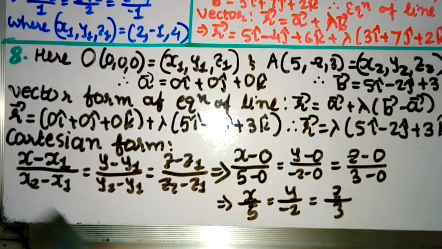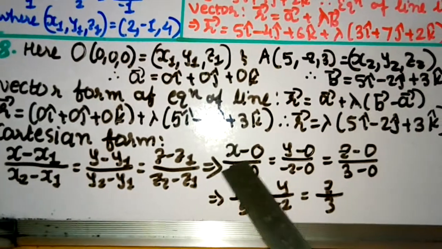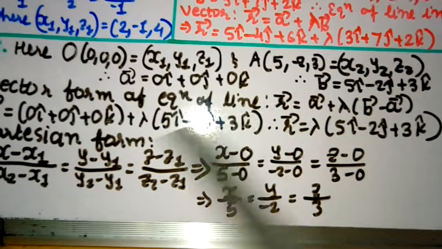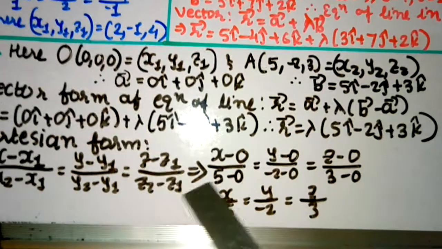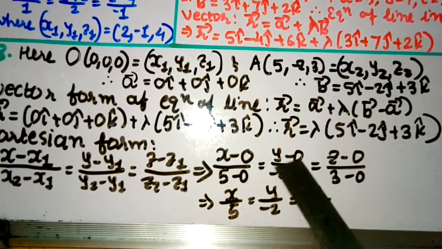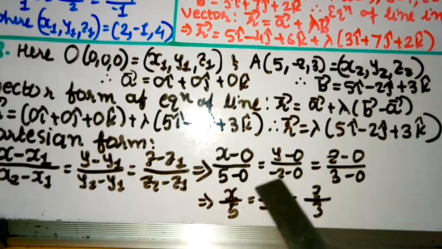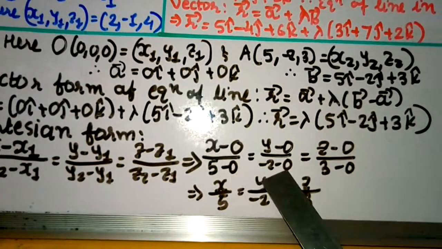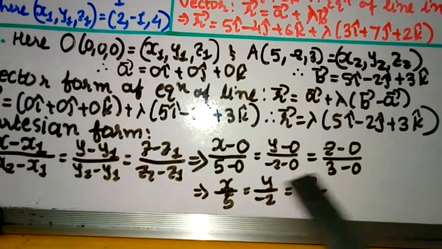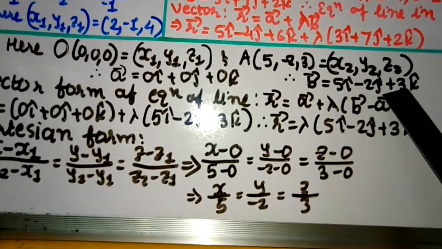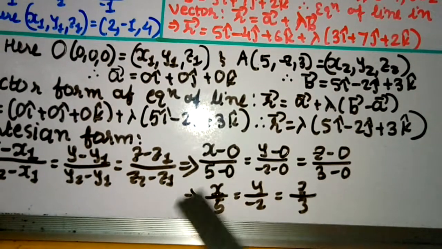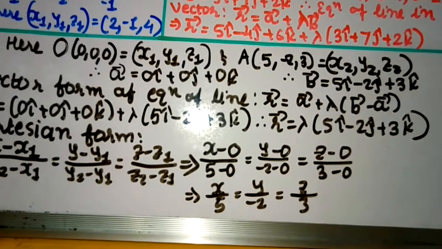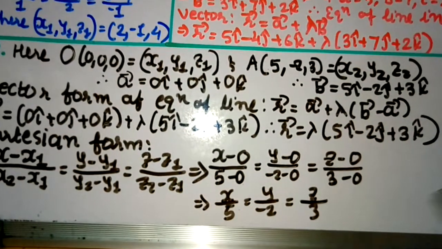So x minus 0 divided by 5 minus 0, equal to y minus 0 divided by minus 2 minus 0, equal to z minus 0 divided by 3 minus 0. This gives x/5 = y/(-2) = z/3. So that is the equation of the line in Cartesian form.